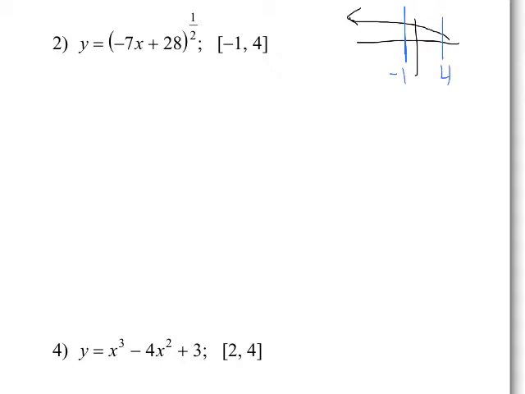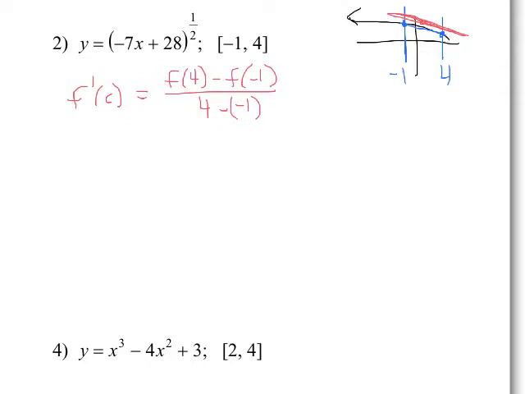The mean value theorem says that somewhere between -1 and 4 there is a point, maybe we'll call it c, where the tangent line has the same slope as the secant line. I know that's kind of tight on my drawing, but let's work this out. We are trying to find the f prime of c that is equal to f of 4 minus f of -1 over 4 minus -1.